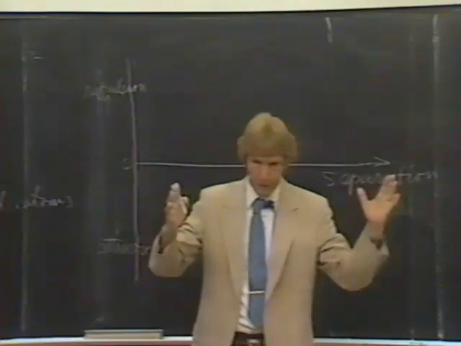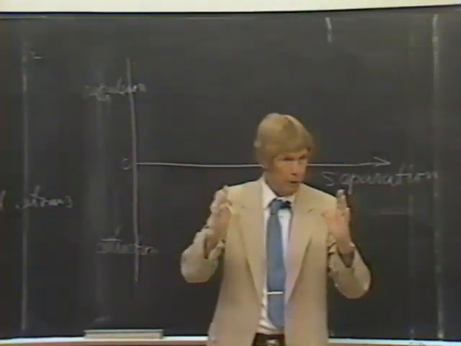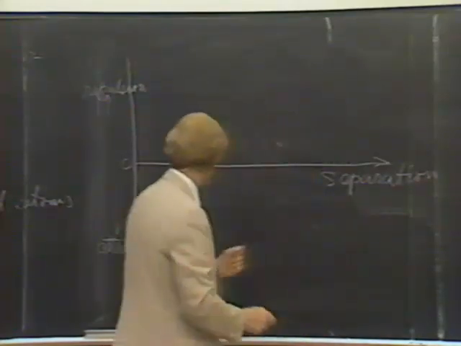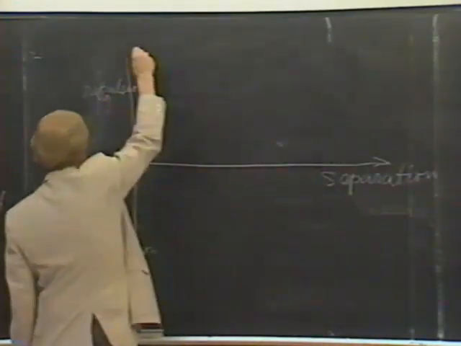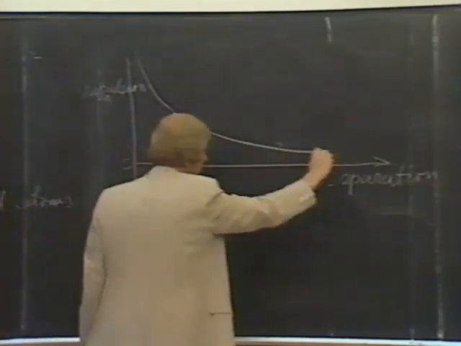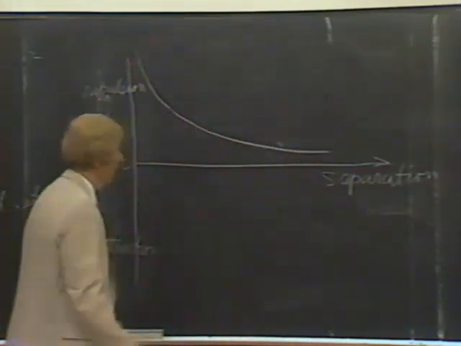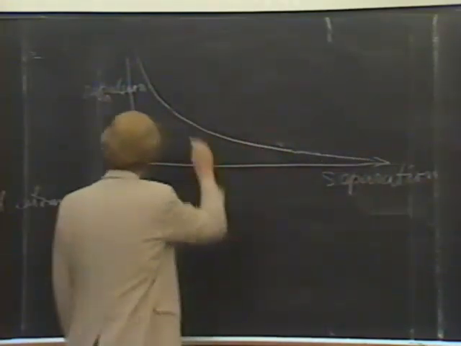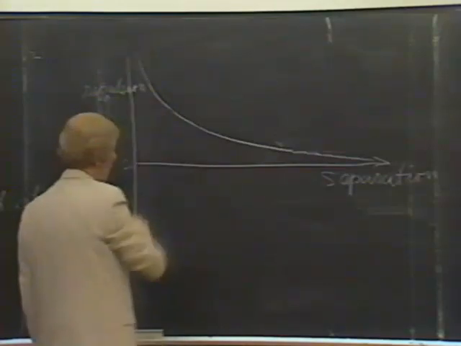At the same time, these van der Waals forces that I described are becoming increasingly effective because of the proximity of the particles. As they get closer and closer together, the van der Waals forces get stronger and stronger. So we can describe that as something that looks like this.